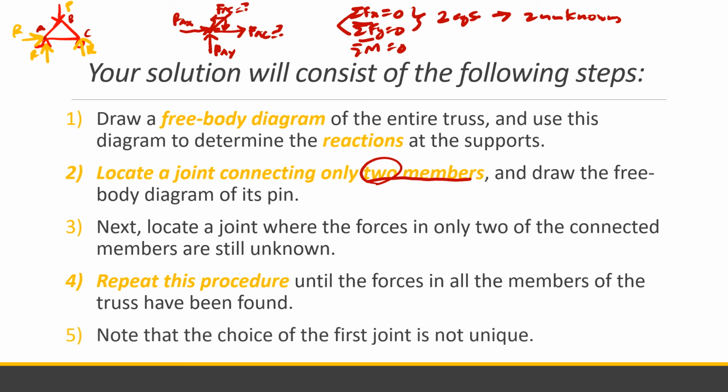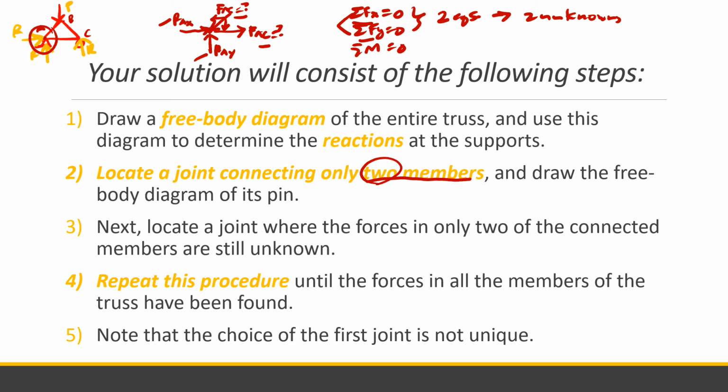Note that the choice of the first joint is not unique, because you do not select just any joint. You start at a joint that is easy to identify. For example, here at joint A, it is obvious that you start here because you already have the values of the reactions, so the unknowns are only these.